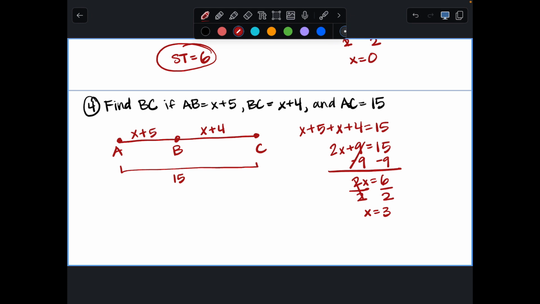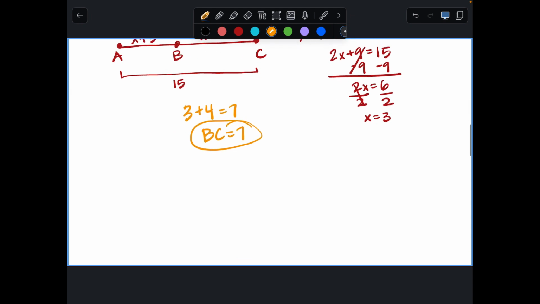I need to know what BC is. So what is BC? Seven. Because now I just do 3 plus 4. So BC equals 7. All right, that is level 2.